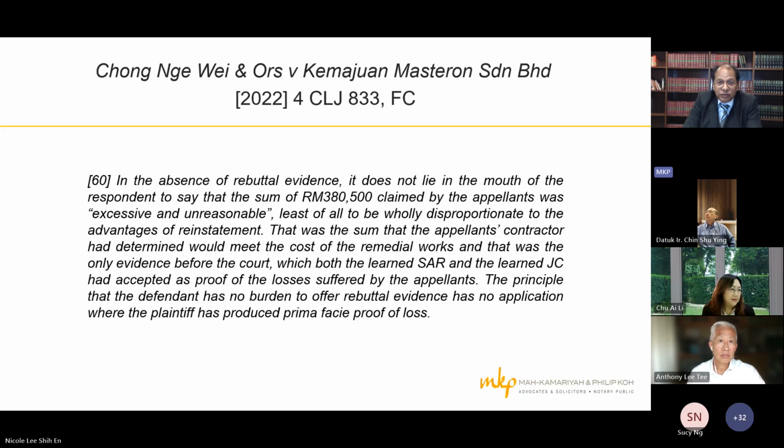So this is a relatively recent federal court case on the measure of damages. They overturned the Court of Appeal's finding, and they held that the sum claimed by the appellants, who were individual unit owners, was essentially for the damage caused by a failure to meet specifications.